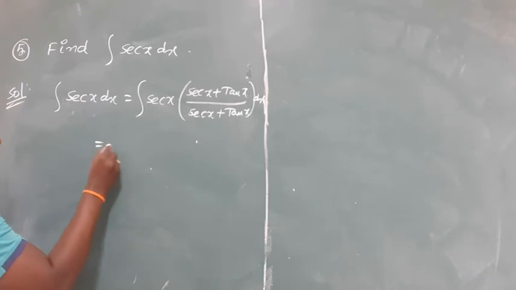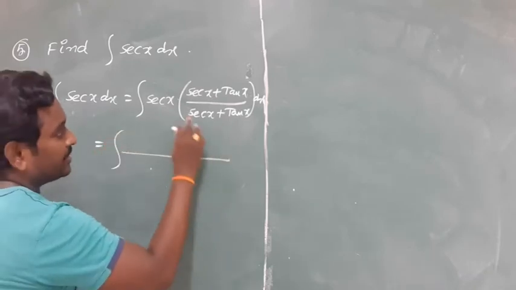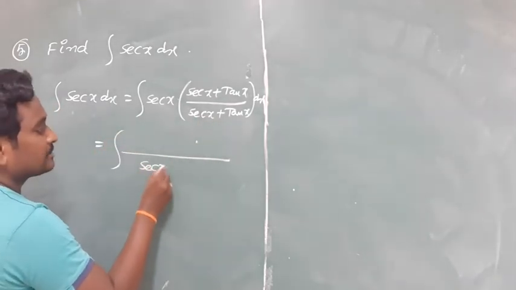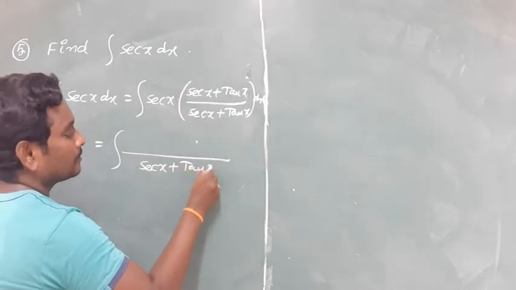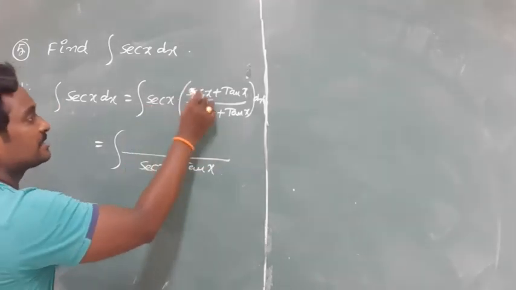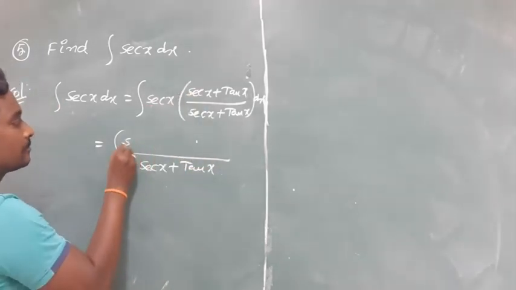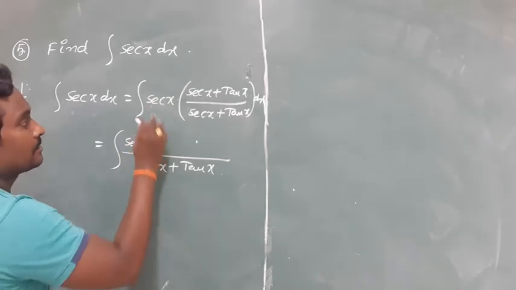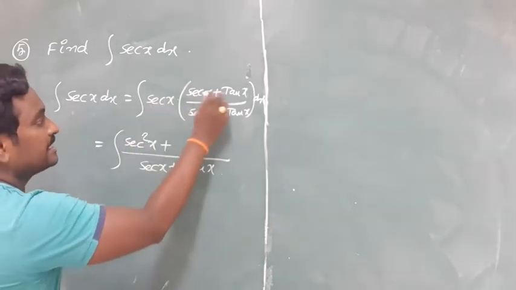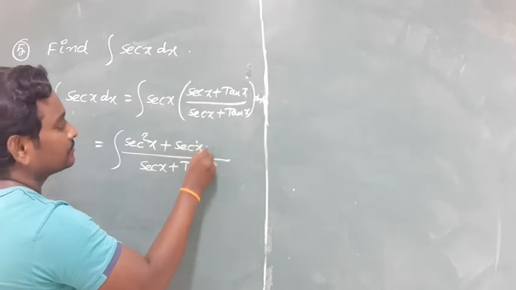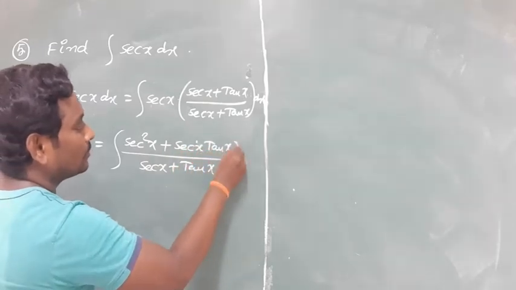Okay. Now the denominator is the same, secant x plus tan x. Take this secant x inside: secant x into secant x, secant square x, plus, what is the second part? Secant x into tan x, whole dx.